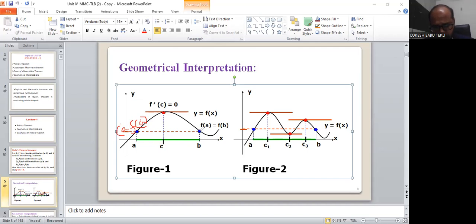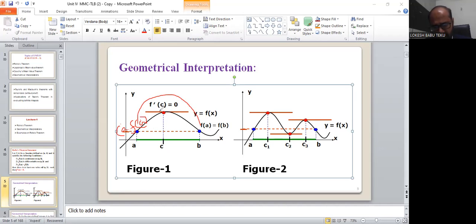Now, what we are discussing: first, f is continuous on this closed interval, f is differentiable on this interval, and f of A equals f of B. Then at a point C, we can draw a tangent.